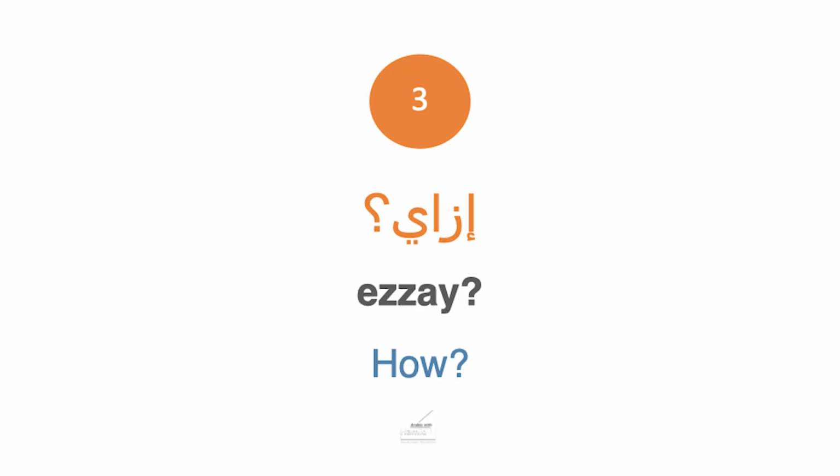The third question tool here is how, which in spoken Egyptian is ازاي. This reminds you of something that we say in spoken Egyptian as a greeting. Yes, exactly, ازيك. Remember when we said ازيك, how are you? How are you doing? It's simply ازاي plus the k, which is the pronoun you.